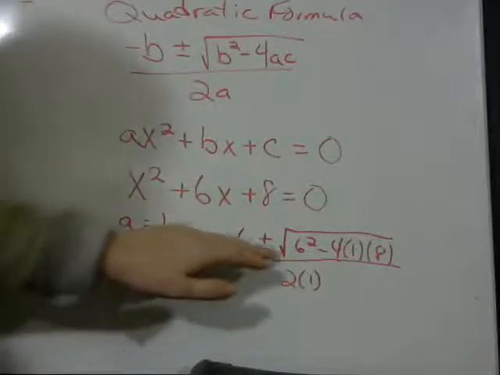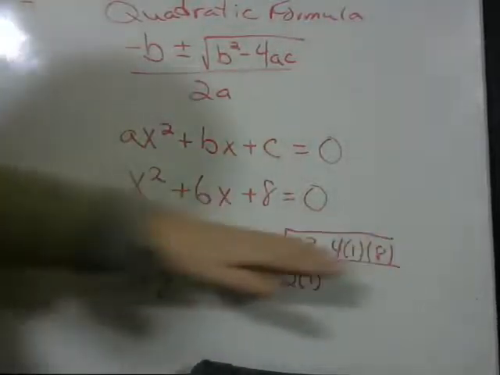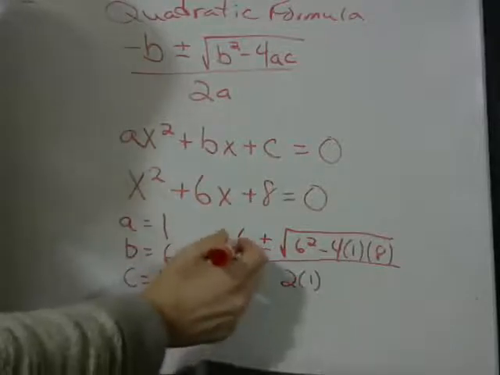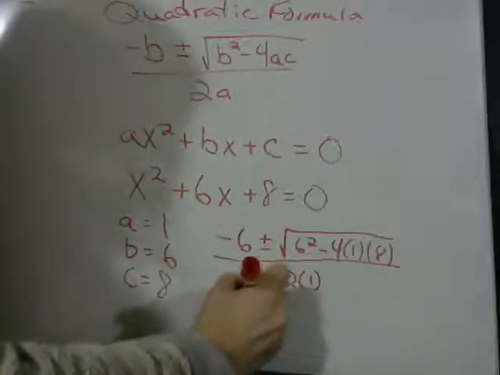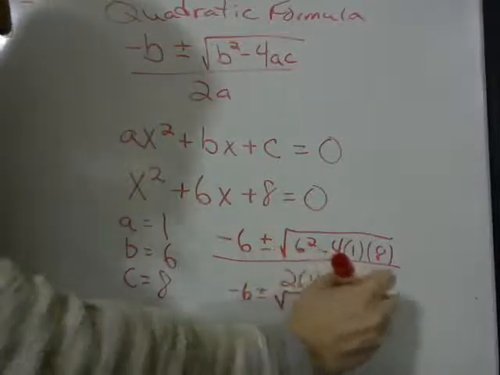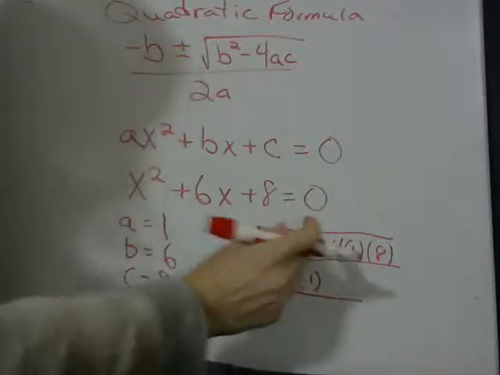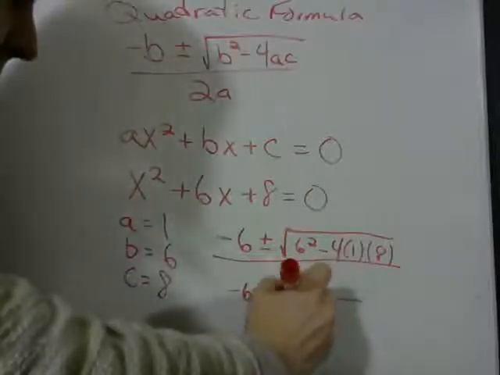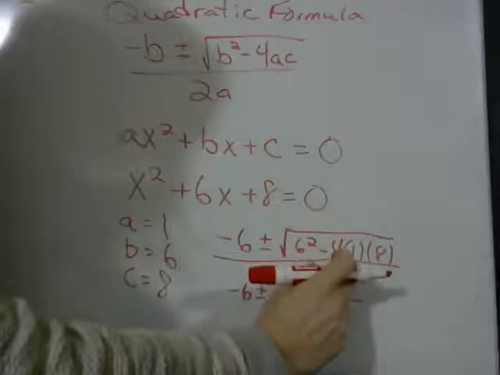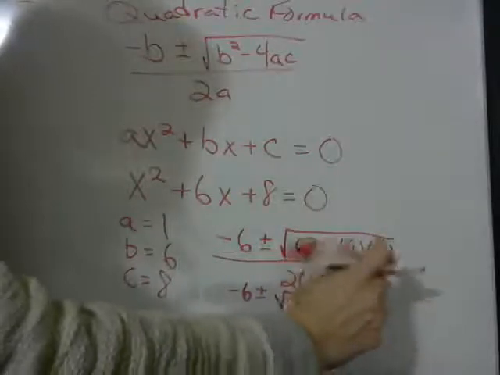So, now we need to simplify. Remember, simplify the top first before you divide. So, we have negative 6 plus or minus the square root. What's 6 squared? 6 times 6 is 36. Minus, what's 4 times 1 is 4 times 8 is 32.